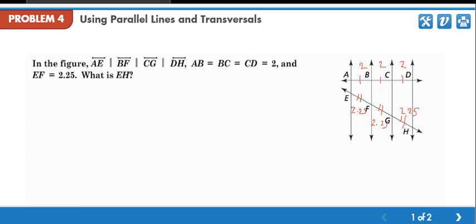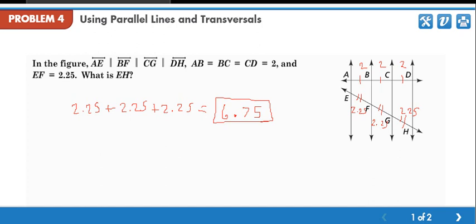All I have to do to solve for this one is, I could times 2.25 by 3, or I could just add up each of these sides together. 2.25 plus 2.25 plus 2.25 is going to equal 6.75 right there. So that would be my final answer.